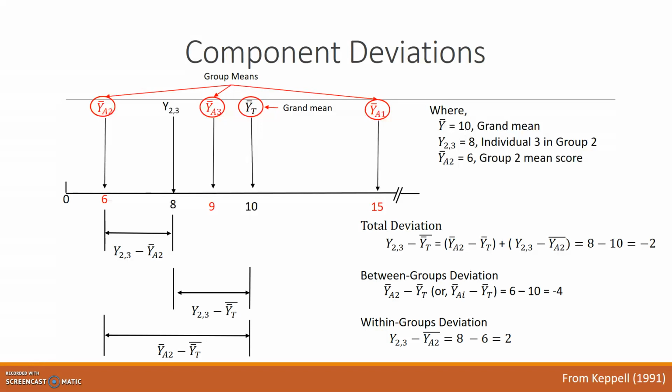And so these are the 3 main components that we use to estimate what we call the test statistic, in this case the F statistic, to help us answer the research question of whether or not the 3 group means are the same, or equal.